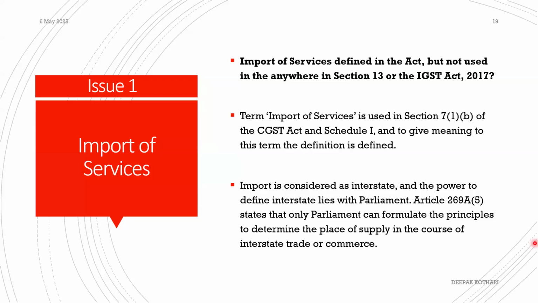Is this import of goods or import of services? How will I treat this if it is import of services? Will I pay customs duty as well as GST as import of services? We will park this and take some other issue.